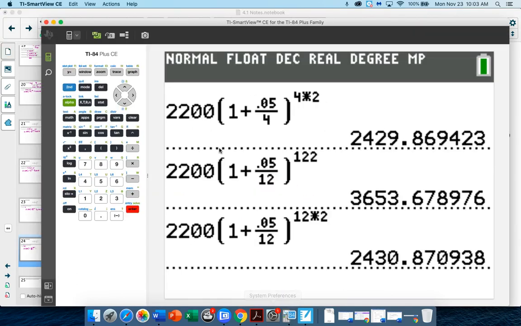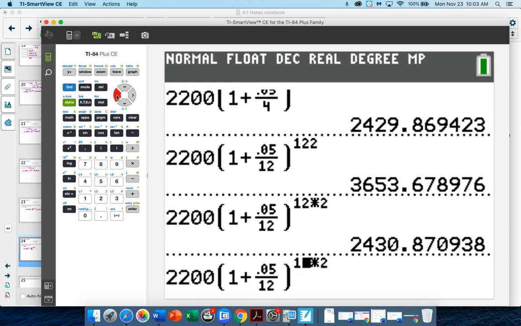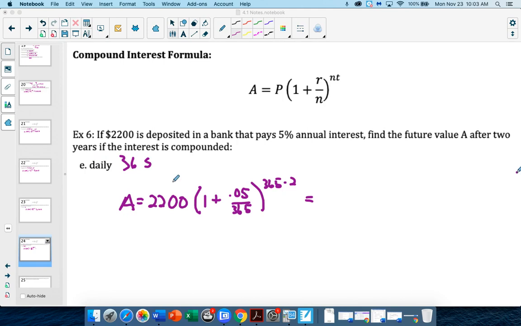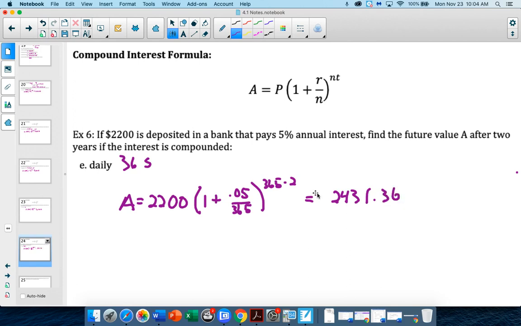So plug that in. Let's do second entry. 365 times 2. And replace this one with 365. And we'll get 2,431.36. So every time we increased the number of times we were compounding, we got a little bit more money.